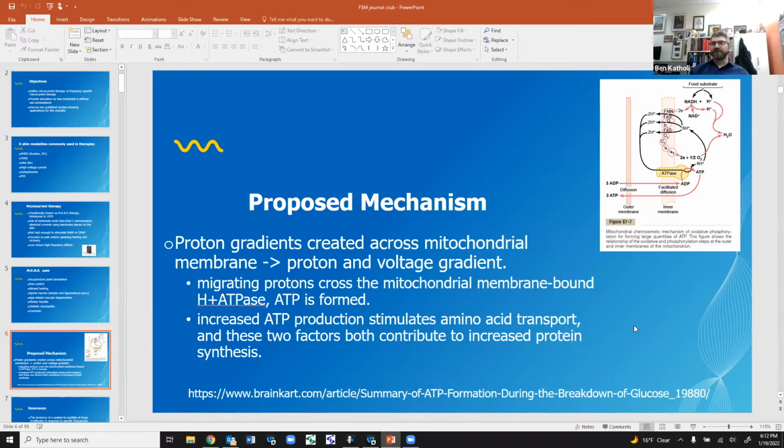And we'll talk about in a few slides kind of what they have seen with that in addition to just ATP production. But what we know is that in injured tissues, there's lower counts of mitochondria, there's lower energy production, and so there's delayed healing. And so, this isn't the only modality out there that targets this.